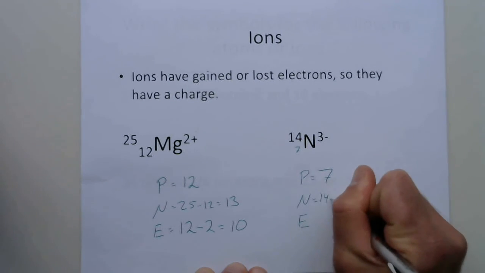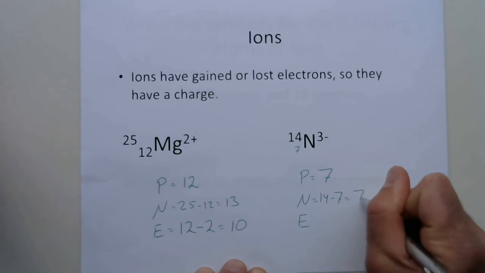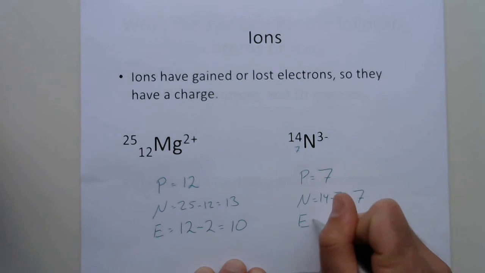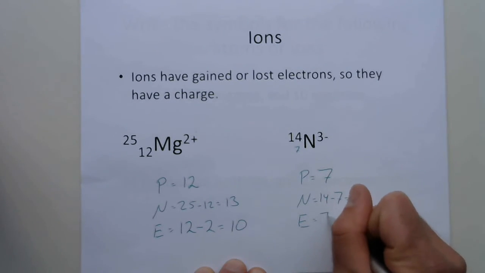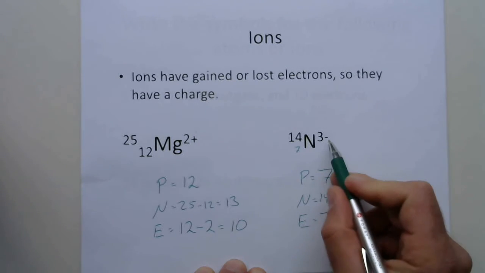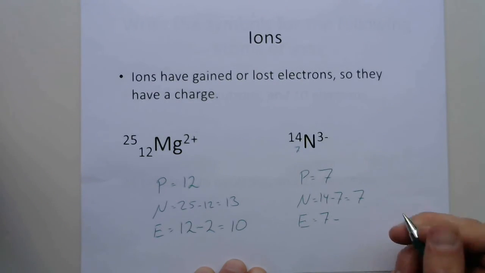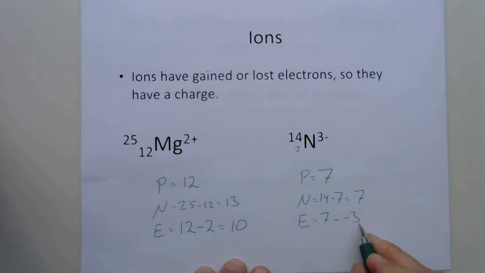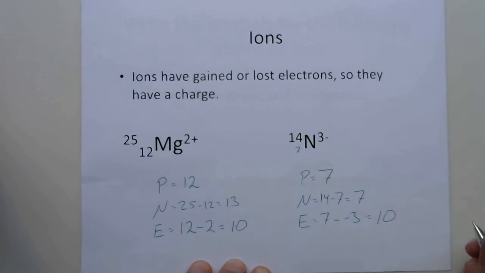Neutrons, 14 minus 7, so 7. And then electrons are going to be the number of protons, which is 7, minus the charge. The charge here is a -3. So minus a -3 gives us 10 electrons. This one's actually gained electrons. And that's how ions achieve a negative charge: they have more electrons than the atom they came from.